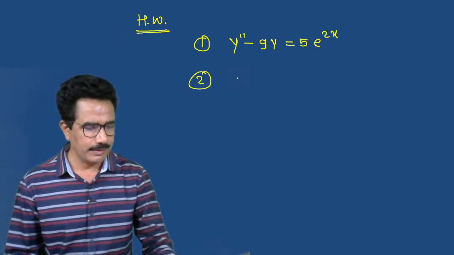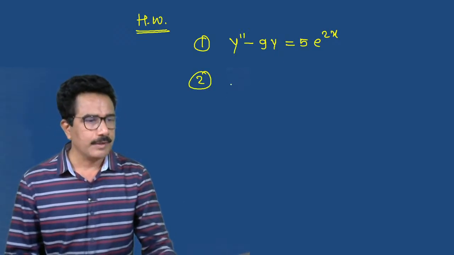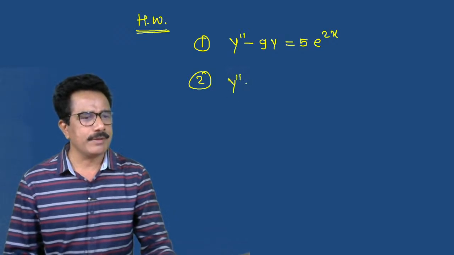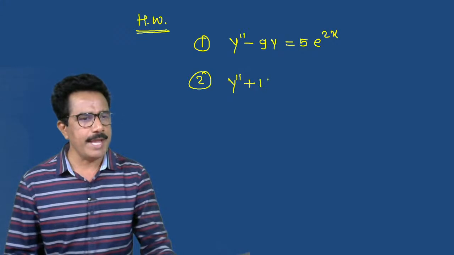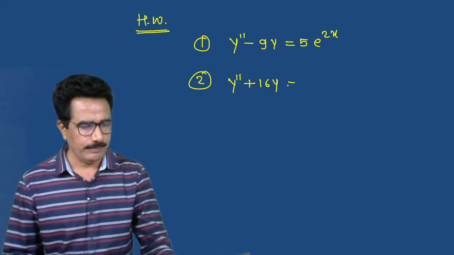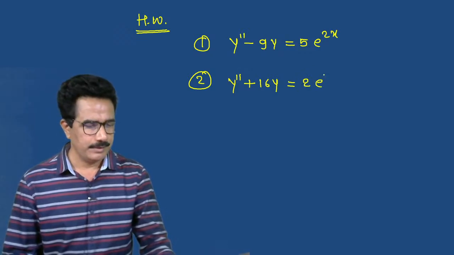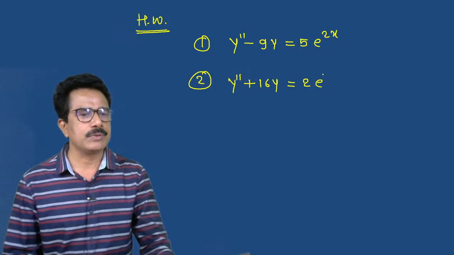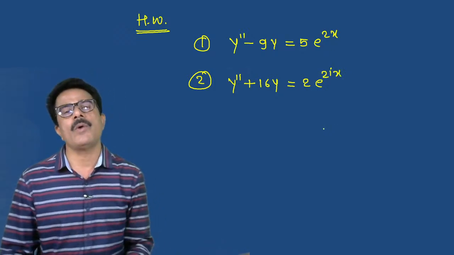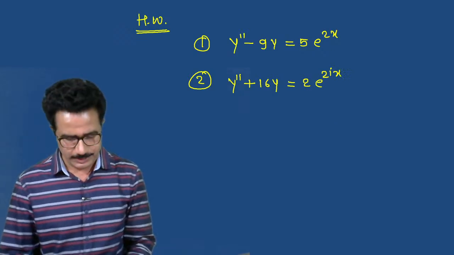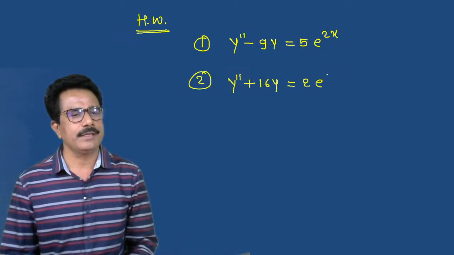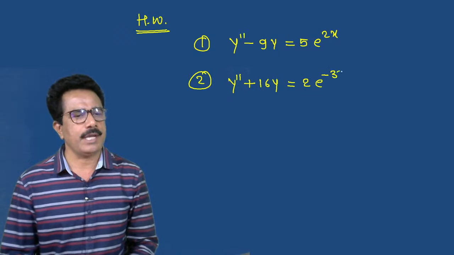Second problem, y double dash plus 16y is equal to 2 e raised to 2x, minus 3x.